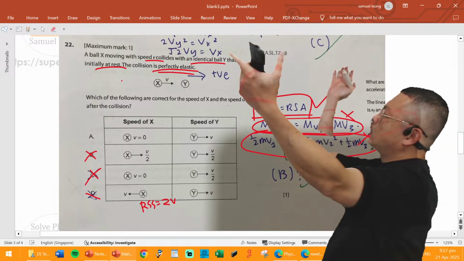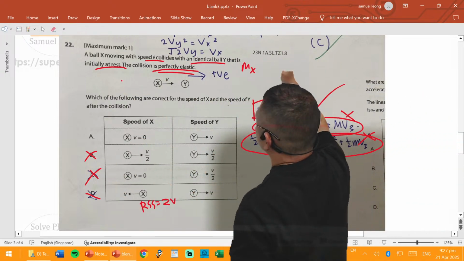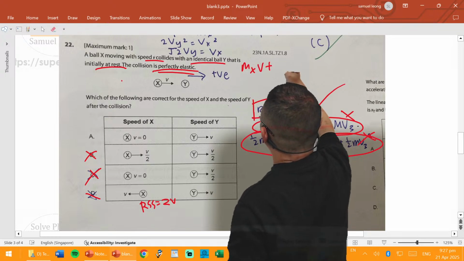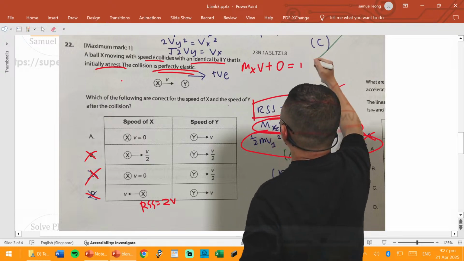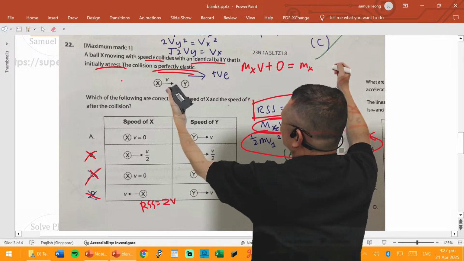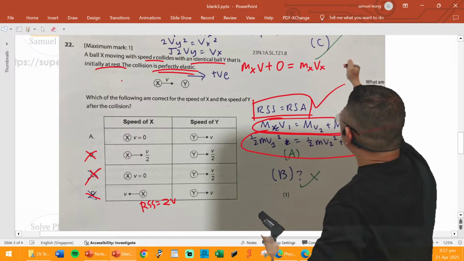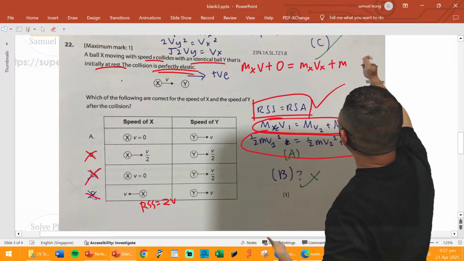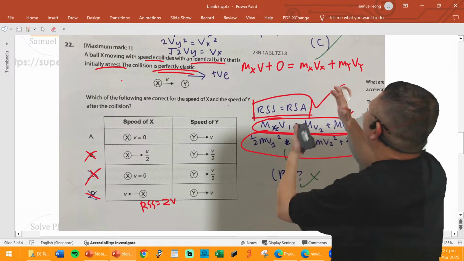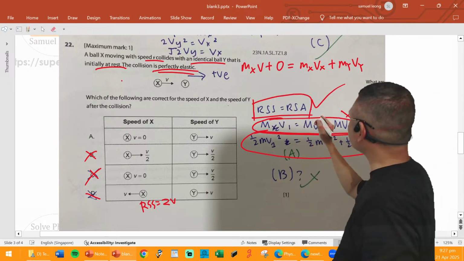So what should have been the correct equation? You should have done m_x v plus 0 equals m_x v_x plus m_y v_y. I don't like v, why can't they just use u? I literally don't know what v_x is.